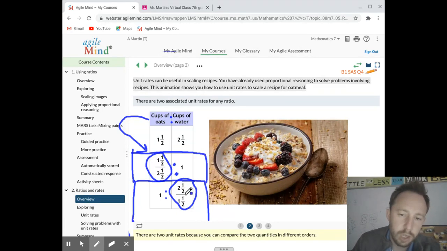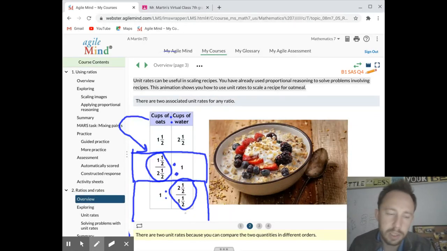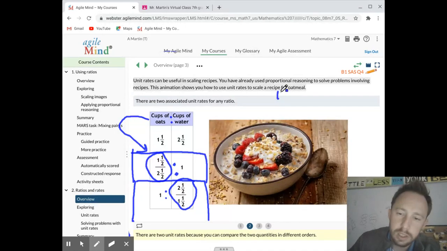Cups of oats to cups of water. So tell me what our 2 unit rates would be. 1 1/2 and 2 1/2. 1 1/2 over 2 1/2 to what? 2 1/2 over 1 1/2 to, what's it got to be to? What are we comparing that to? For it to be a unit rate, we're comparing it to what, Jacaden? 1. Good.